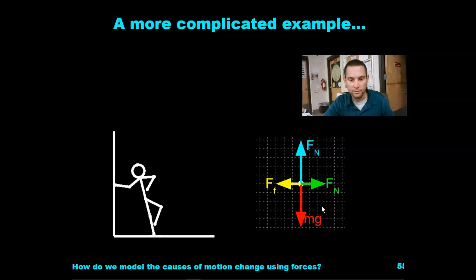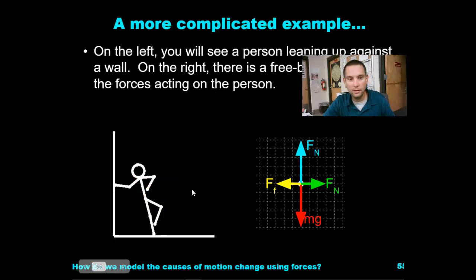More complicated example. Somebody leaning against a wall. On the right, there's a free body diagram of all the forces acting on the person. There's a frictional force acting down here. We've got surface contact here, pointing away from the surface to the right. We have another surface force down here, pointing away from the surface.